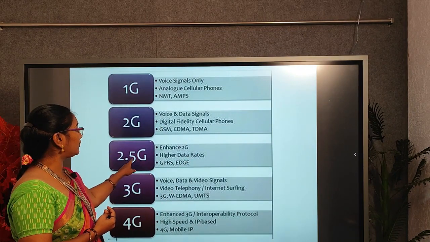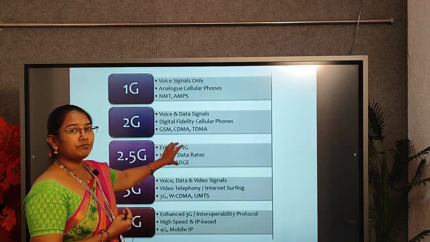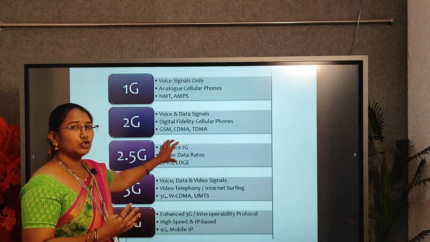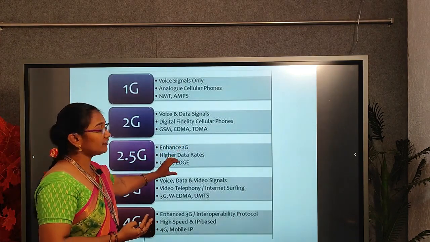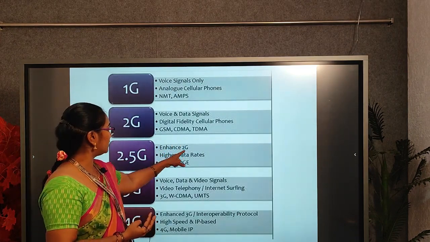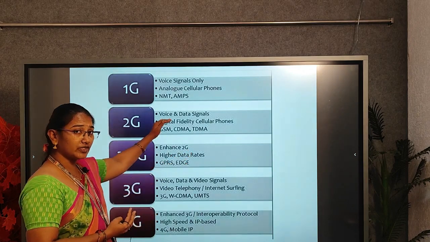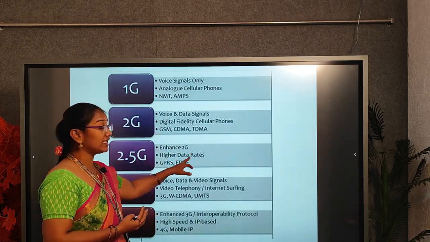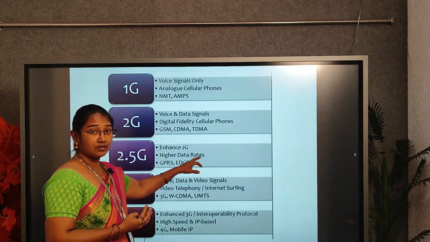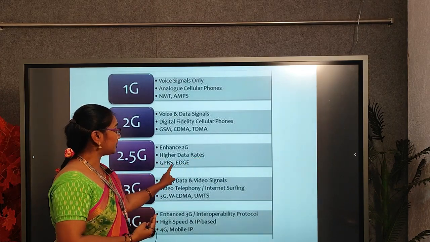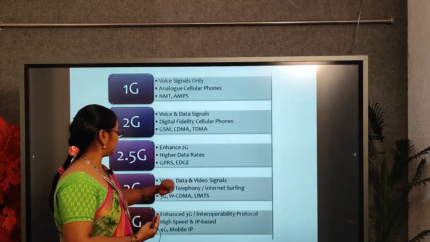When coming to the 2.5G, that is not used by all, but some differences are there in this. We can use enhanced 2G, the features are enhanced in this 2G, higher data rates. Okay, data rates are increased and GPRS and EDGE, right?